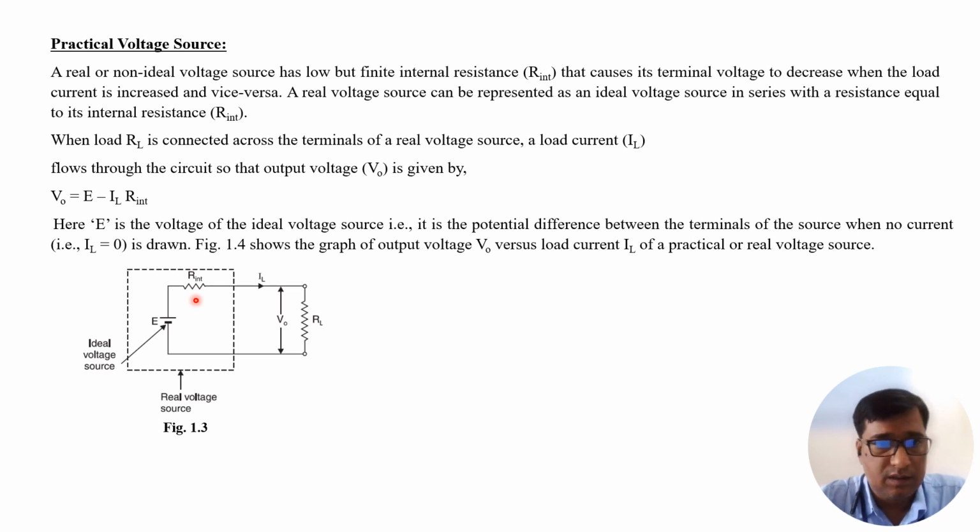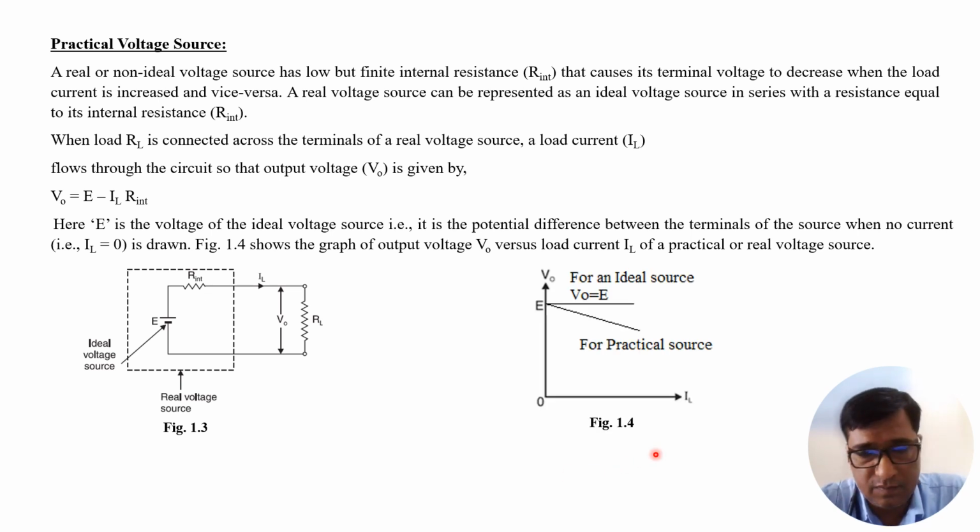If we plot the characteristic of a voltage source, that is the output or terminal voltage against the load current, for the ideal voltage source, if the current is increasing, the voltage is not going to change, meaning the terminal voltage will always be constant.